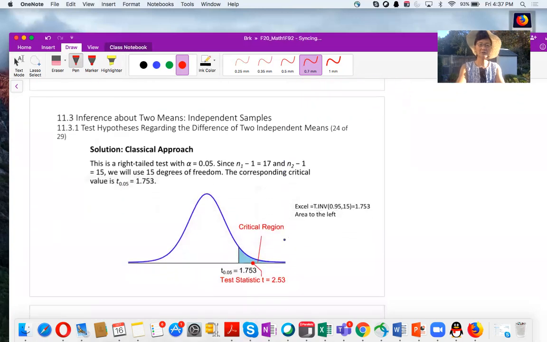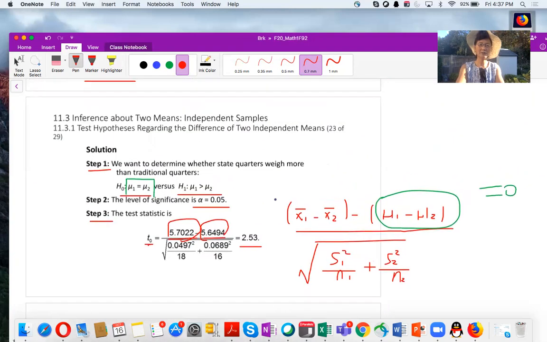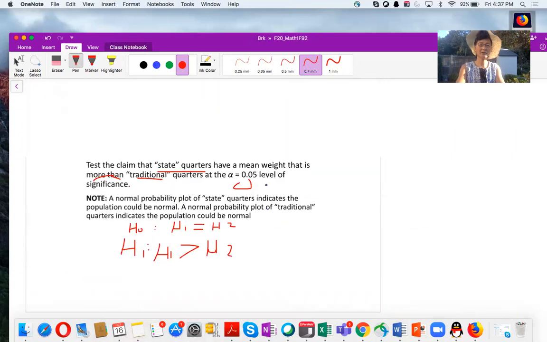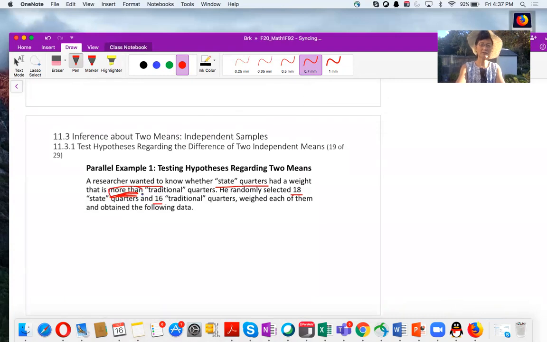When you choose to use the classical approach, you need to find the critical value. This is the right tail test. Why? Because H1 has a greater sign. Why does H1 have a greater sign? Because the problem said more than, and when you have more than, usually H1 has a greater sign.